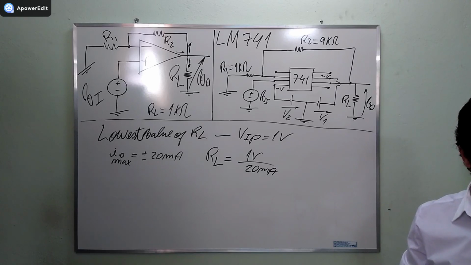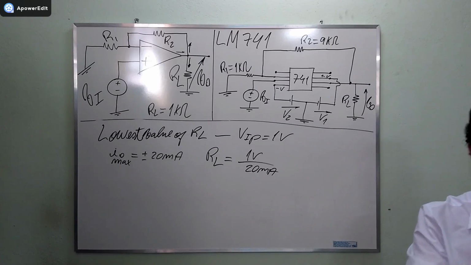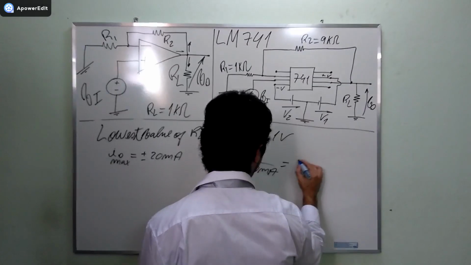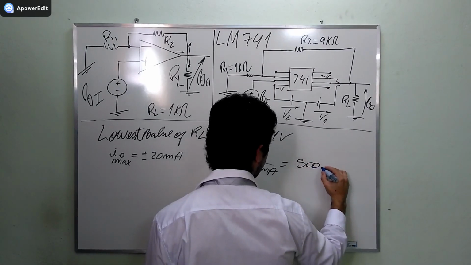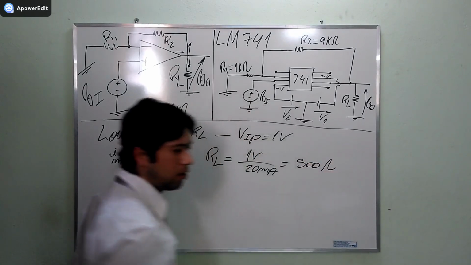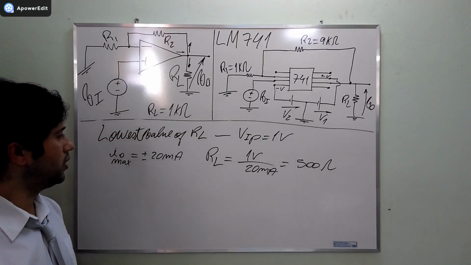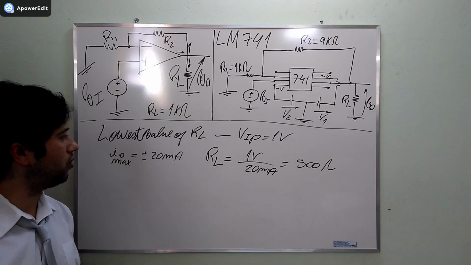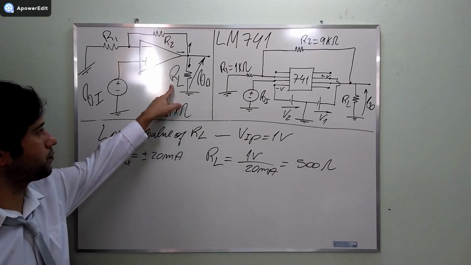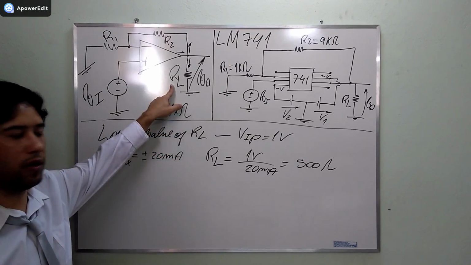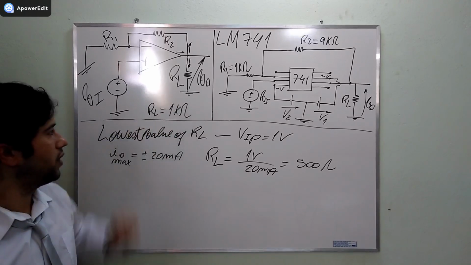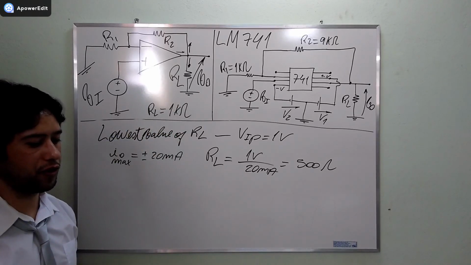It is gonna be 10 divided by 20, which is 0.5. So it is 500 ohms. This is the lowest value of the load resistor.